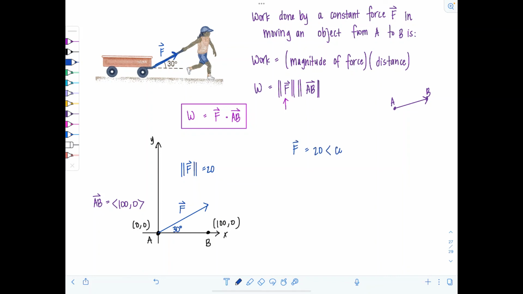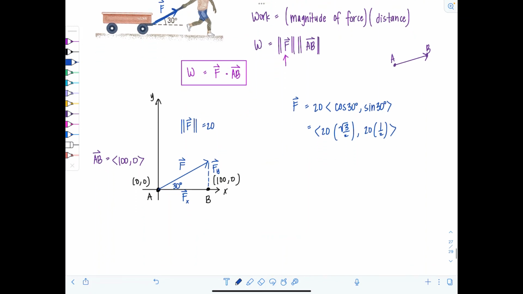You take its magnitude times cosine of 30 and sine of 30. So we have the x component and the y component. This is going to be 20 times cosine of 30, which is rad 3 over 2, and sine of 30 is 1/2. So this is going to give us 10 rad 3 and 10. This is the horizontal component, and this is the vertical component.